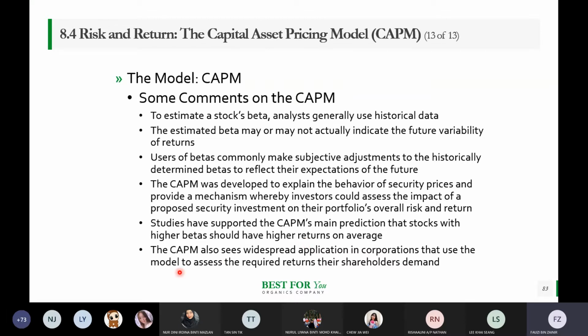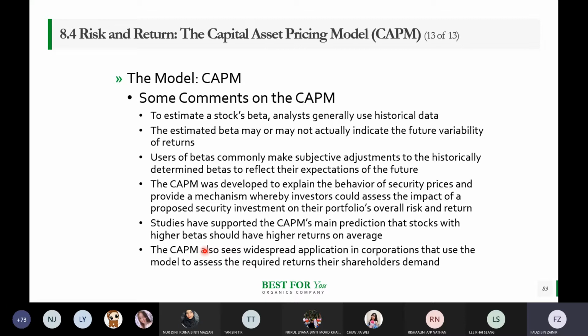The CAPM also sees widespread application in corporations that use the model to assess the required return their shareholders demand. It seems that this model works roughly in most shares, and can be used in portfolio analysis to minimize risk as well as maximize return.